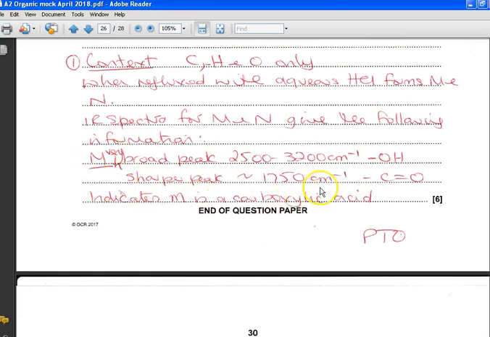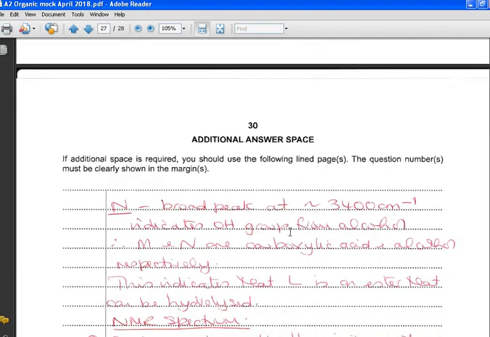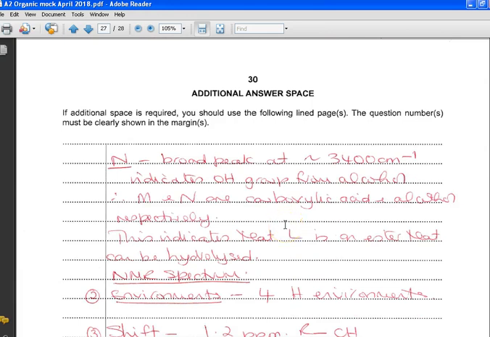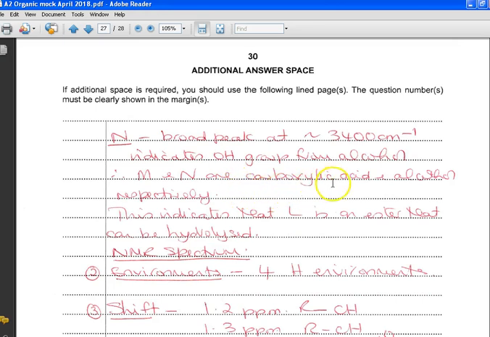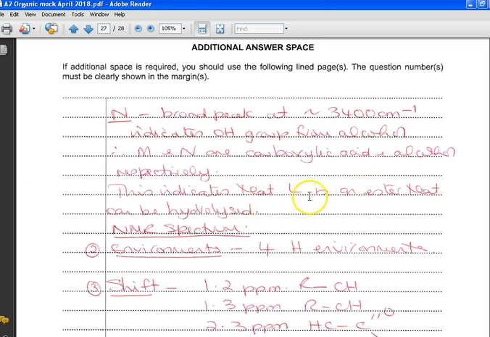We can see from the spectrum of M that it is a carboxylic acid because of these 2 peaks, OH and C double bond O, and this is a very broad peak. N has a broad peak around about the same wave number, but it's not as broad, so it indicates an OH group from an alcohol. So we know we've got a carboxylic acid and an alcohol that can be formed from L. So that tells us that L is an ester. So we know what we're looking for.